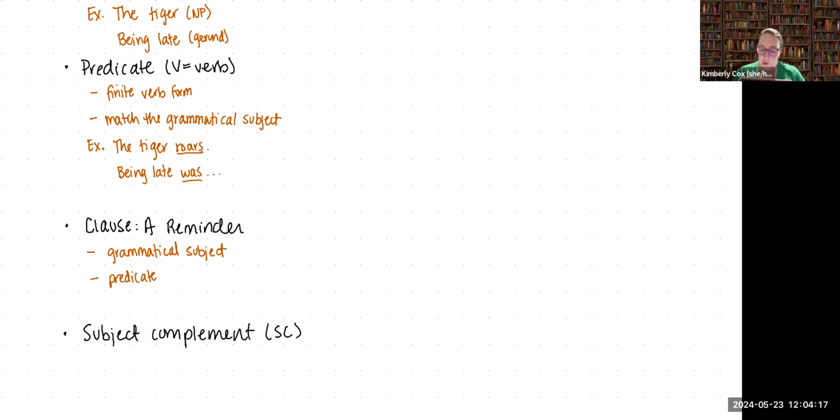Okay. So I could have an independent clause that is as simple as the tiger roars. You might want more information, but I have a subject, I have a predicate. So this is an independent clause, which means that it is a complete sentence. It stands on its own. So most of what we're going to be talking about in terms of functions in a sentence are going to be, right, functions within clauses that we might have.